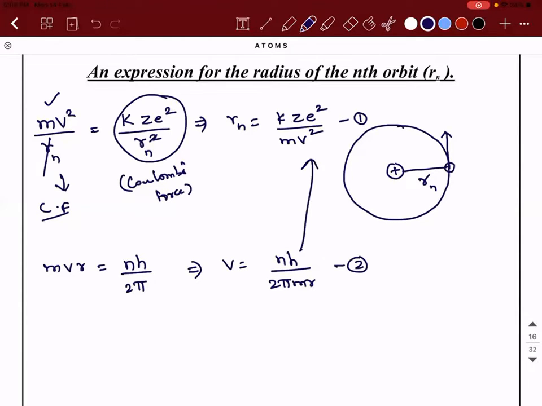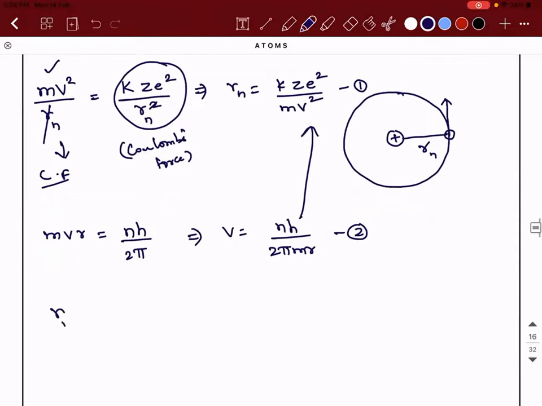Now I will take this and substitute it here. Then I'll get Rn is equal to kze square divided by m v square, which is kze square divided by m into n square h square divided by 4 pi square m square into r square. This r and Rn are the same.